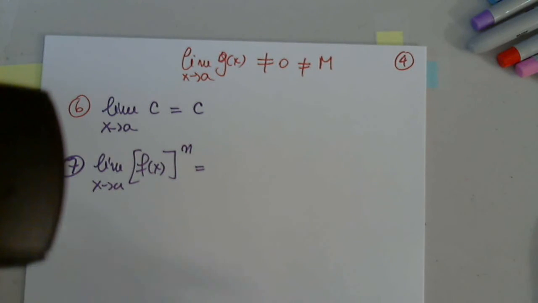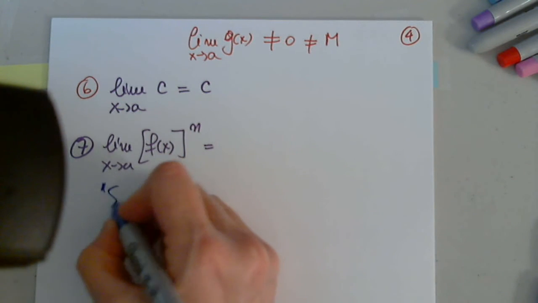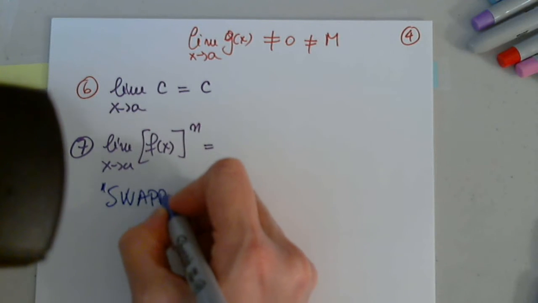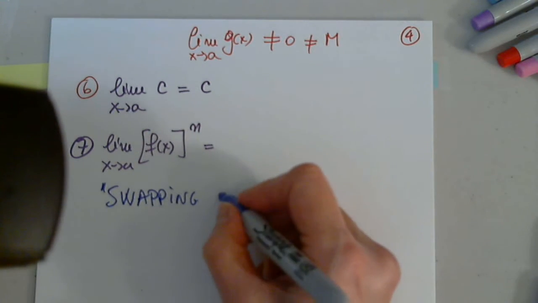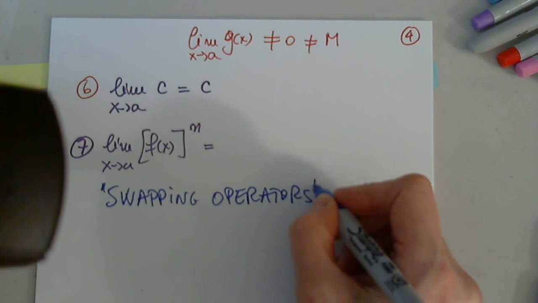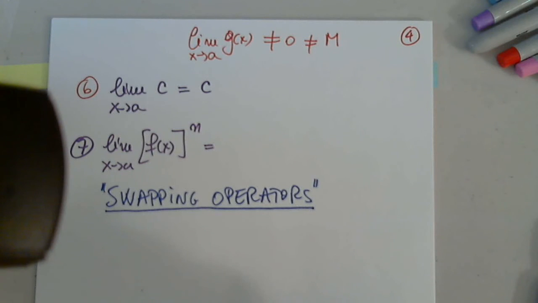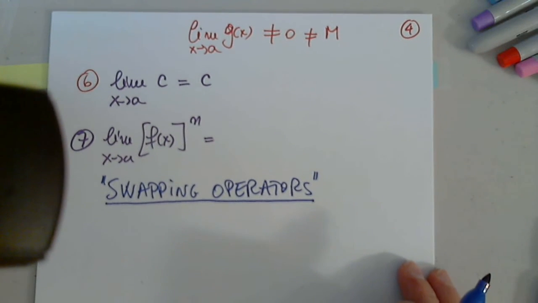And before you say anything, I just need to clarify, because this is a very important topic. It's called swapping operators. This is a theorem. We are not there yet.